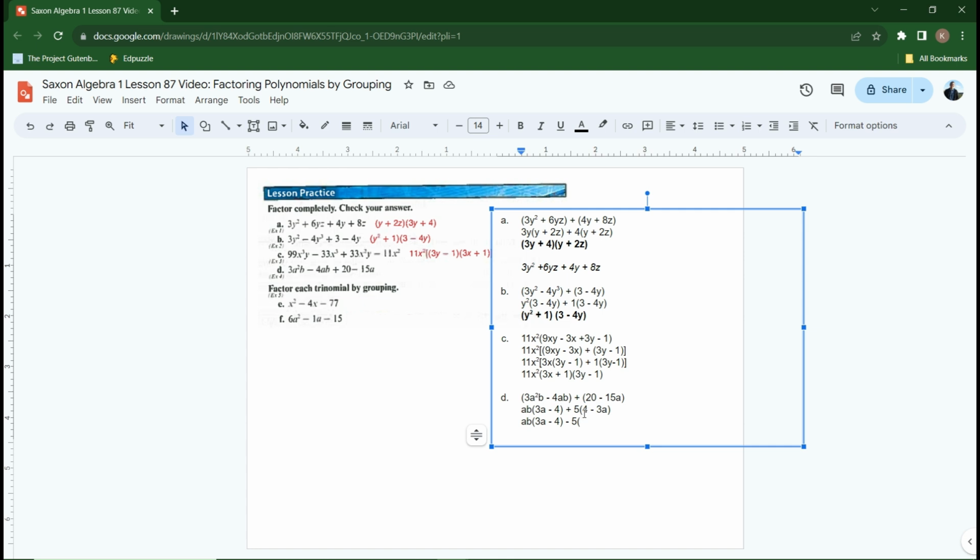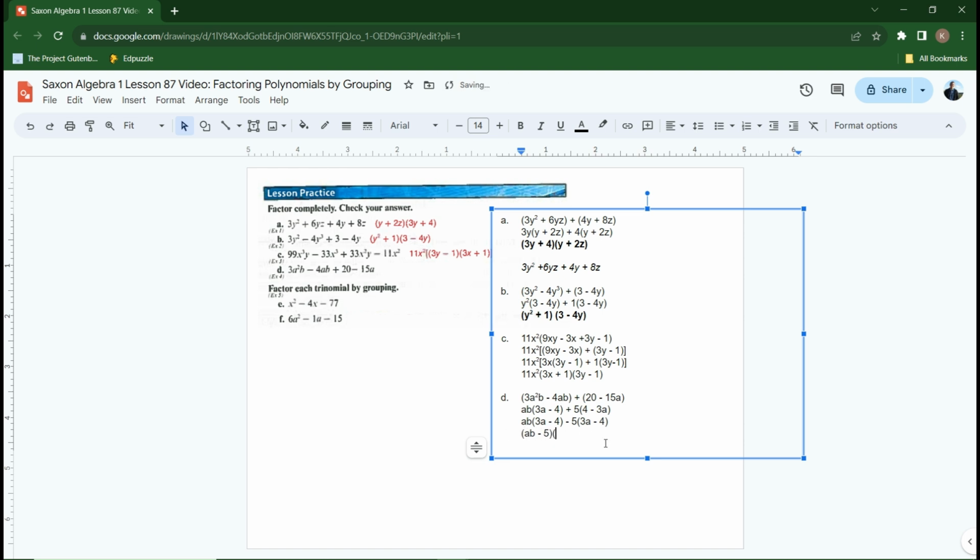That means I have negative 4 plus 3a. Negative 4 plus 3a is the same as 3a minus 4. And look at that. As long as the only thing that's different is that the signs are switched, if I factor out a negative 1, it switches the signs in a correct way so that I have the same things in parentheses there. So this is going to be ab minus 5 times 3a minus 4. Okay, that's my first set of terms.